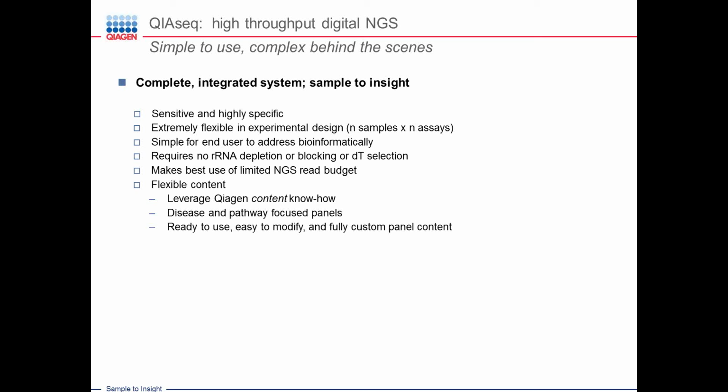It cannot be simpler for you to address your system bioinformatically, and I'll show you that in an upcoming slide. And I mentioned before, there's no pre-treatment of your RNA, and we're making best use of your limited NGS budget. And in fact, the molecular barcodes that we're adding really let you tailor your experiment to use your instrument's innate budget as best as possible.